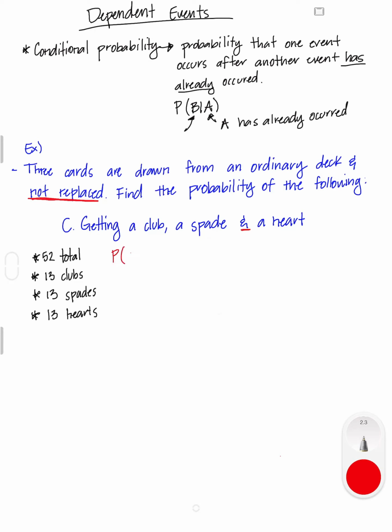And that will be finding, again, the probability of a club and a spade and a heart, right?